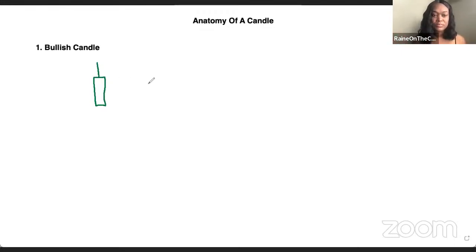Now, the bullish candle opens at the bottom, right? So this is the opening. The opening is here.